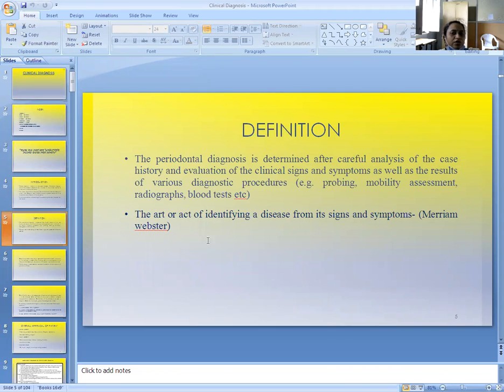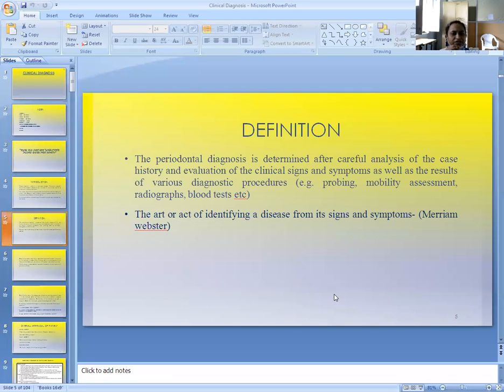Periodontal diagnosis is determined after careful analysis of the case history. When you are recording case history in your OPDs, this clinical diagnosis part is also important, because in the case history you evaluate the clinical signs and symptoms of the disease, and other diagnostic procedures like blood investigations or other clinical findings.